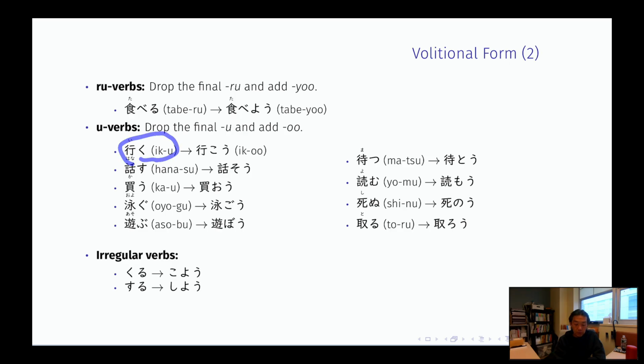So 行く, the last u sound becomes o, so 行こう。話す、話そう。買う、買おう。泳ぐ、泳ごう。遊ぶ、遊ぼう。待つ、待とう。読む、読もう。死ぬ、死のう。取る、取ろう。Okay? So these are the conjugation patterns for volitional form.